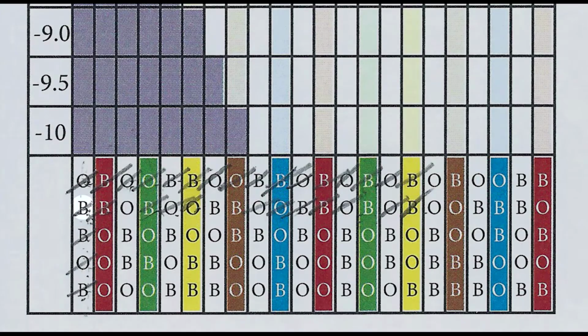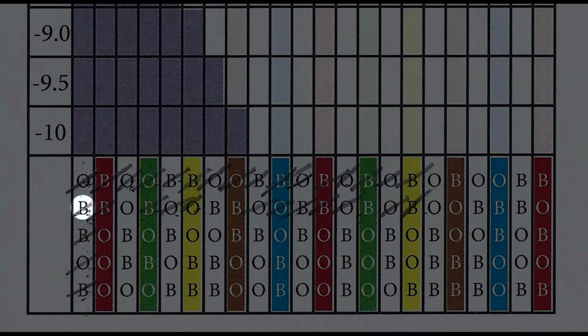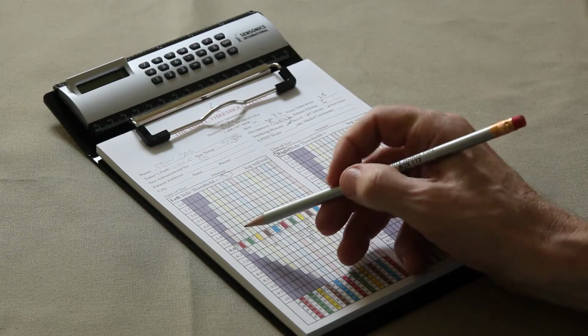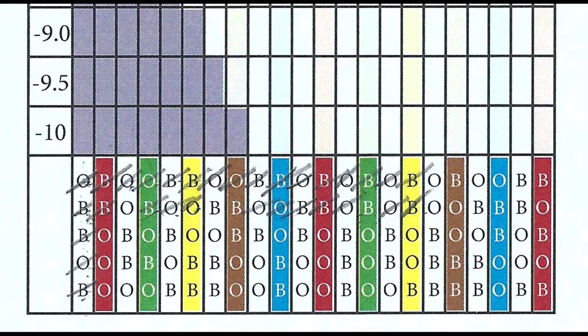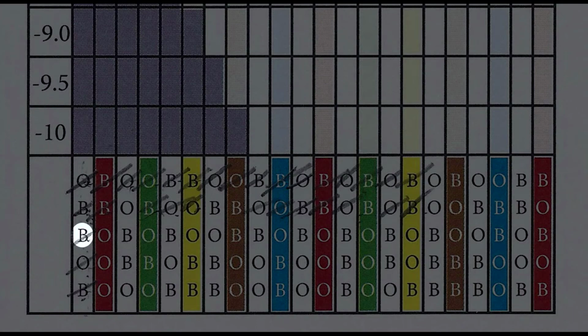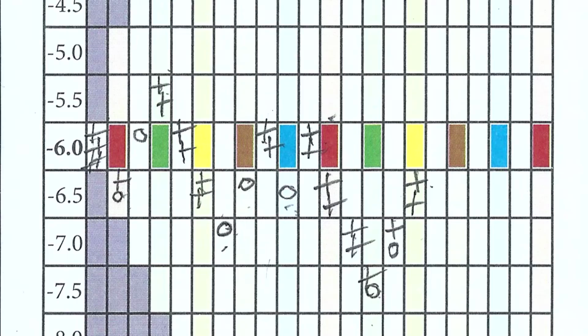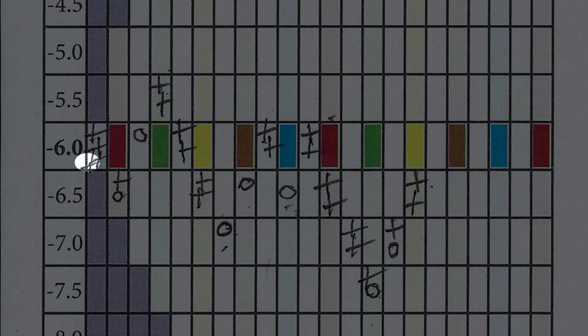The second trial, we presented a blank and then the odorant at that same concentration. In this case, he said it was the second stimulus that was strongest, and indeed he was correct. So we put another plus up here. Third trial, we presented blank and then odor. He indicated that it was the second one that was strongest. He was correct, so we put a plus in here.